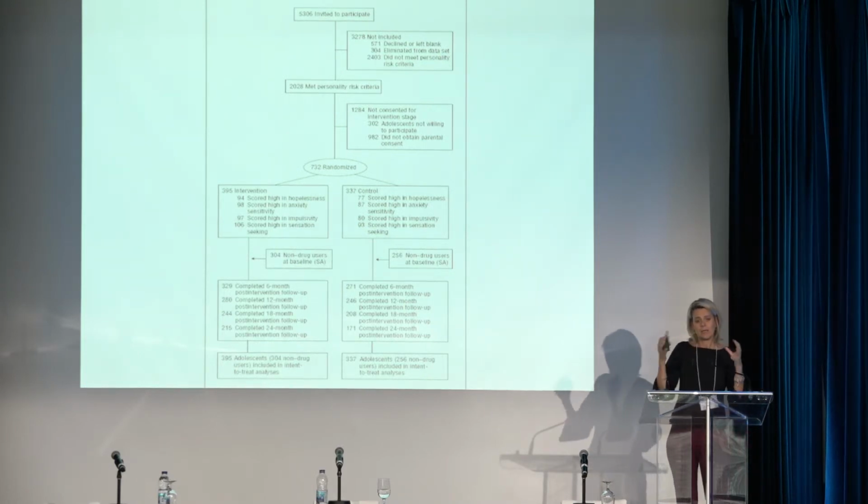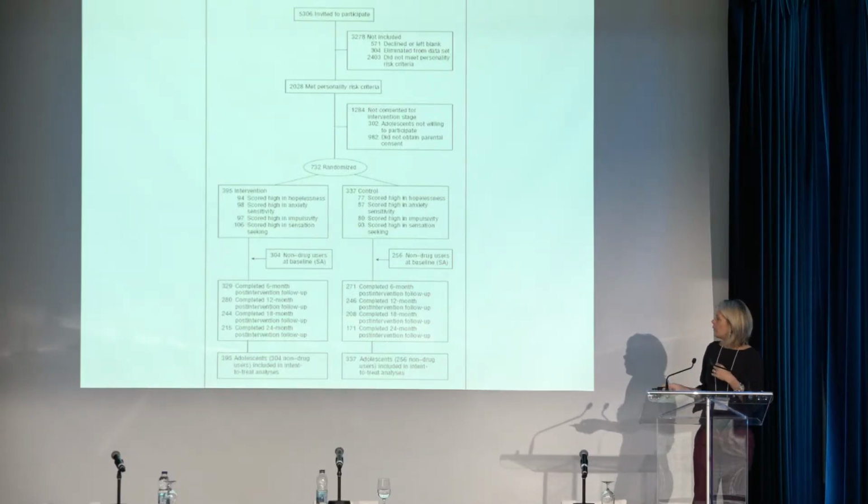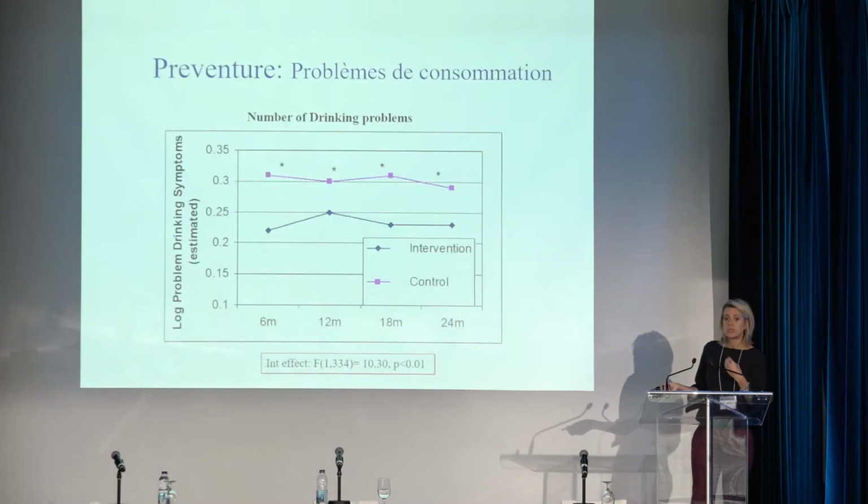And in many, many countries, we have demonstrated that in the school environment, we were able to offer an intervention of 2 sessions to youth in the same year who demonstrated one of these 4 personality profiles.